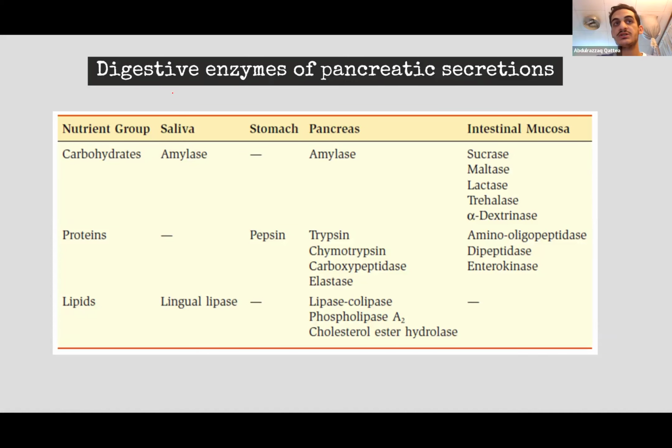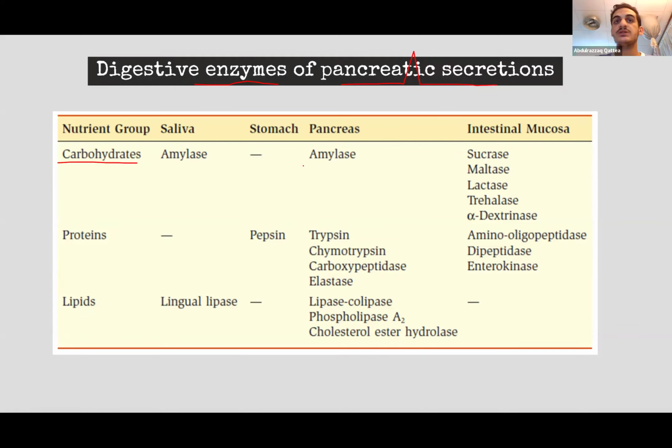So what are the enzymes that are being secreted from the acinar cells in order to digest the food? Just know that the pancreas will digest and break down the three main sources of energy, which are carbohydrates, proteins, and lipids.